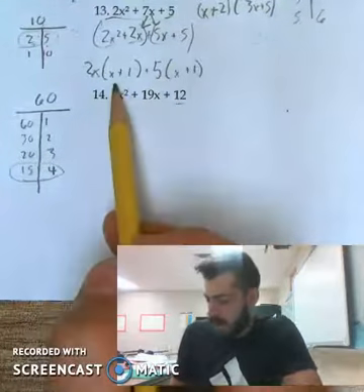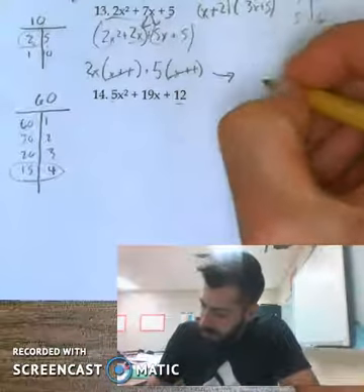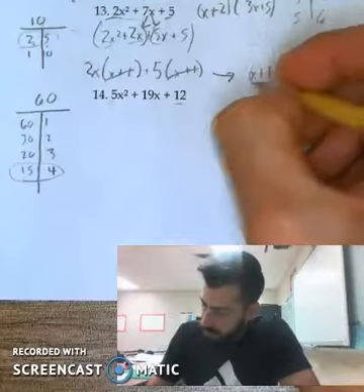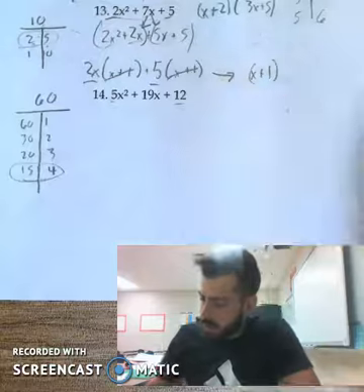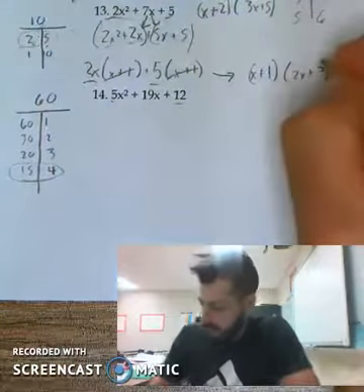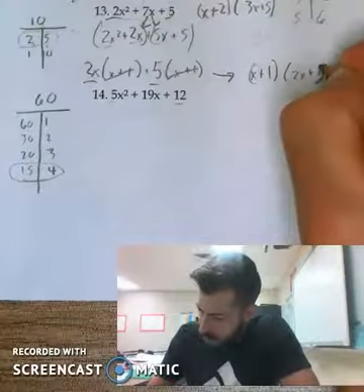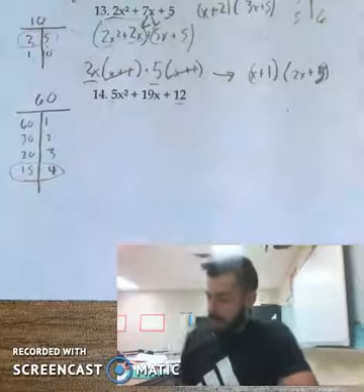So again, I have a common binomial, so I can factor that out. And I'd be left with 2x plus 5. Oops, I did not write that very well. I promise that's a 5. You gotta believe me.